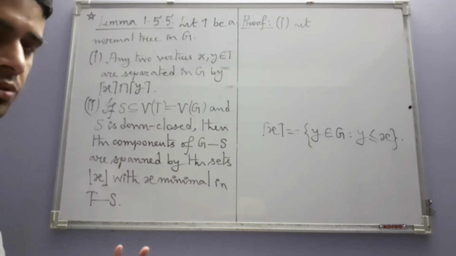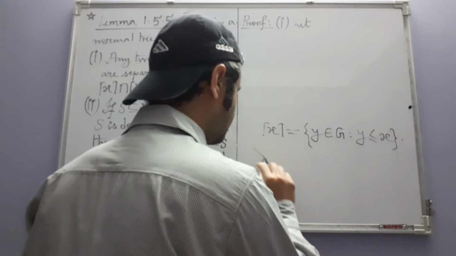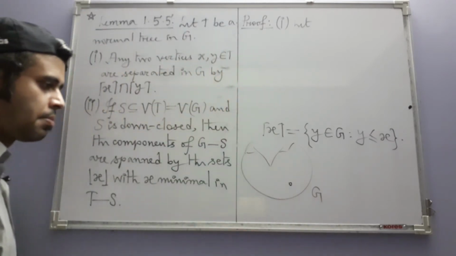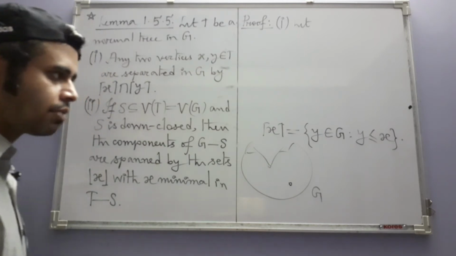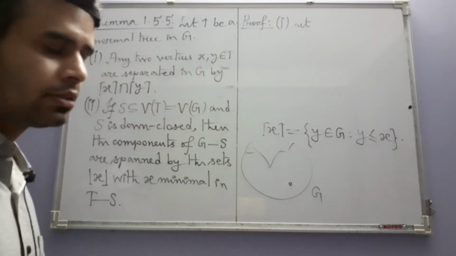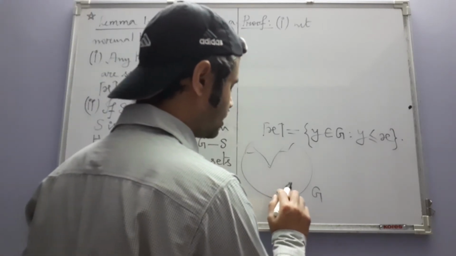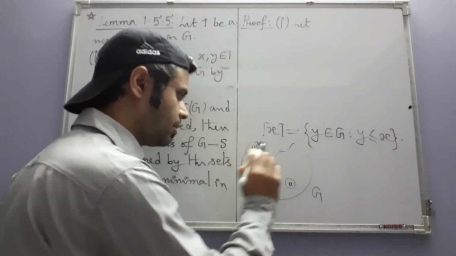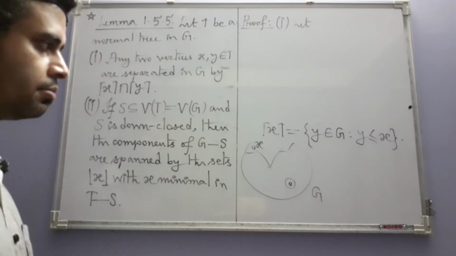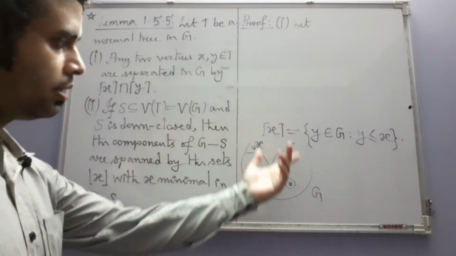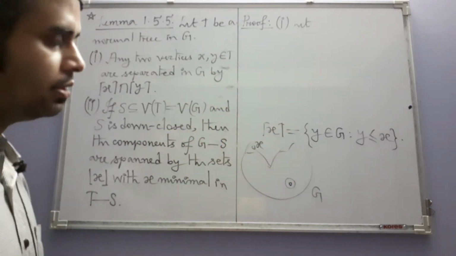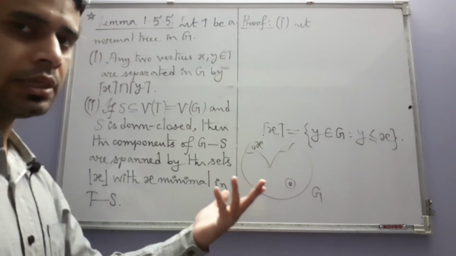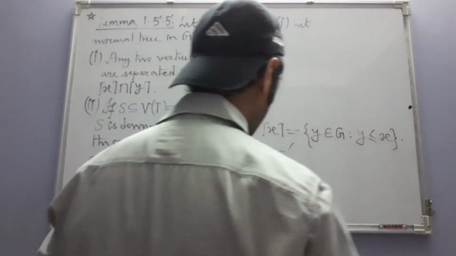There is nothing wrong if we write G here, but if in the graph G we have a vertex that is not a part of the tree at all, this vertex lies outside the vertex set of the tree, then it does not make sense to ask whether this vertex is less than or equal to x, because the partial order relation is only on the set of vertices in T. We can say that those y belonging to G such that this, but then ultimately we are talking about the vertices in T.